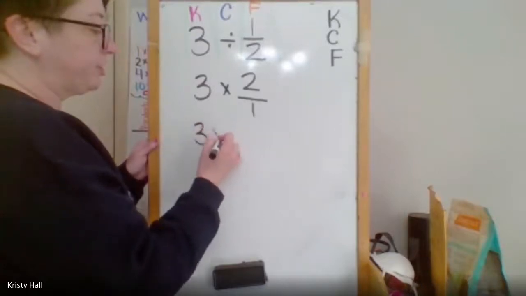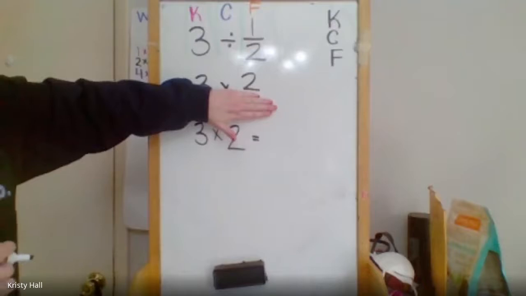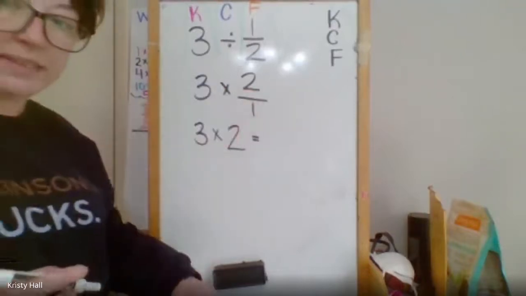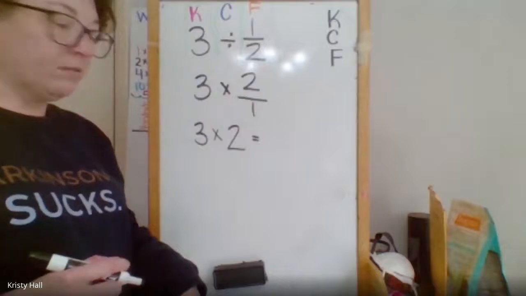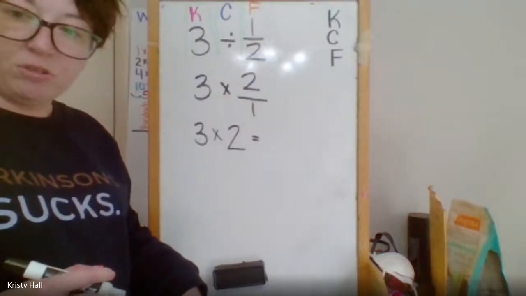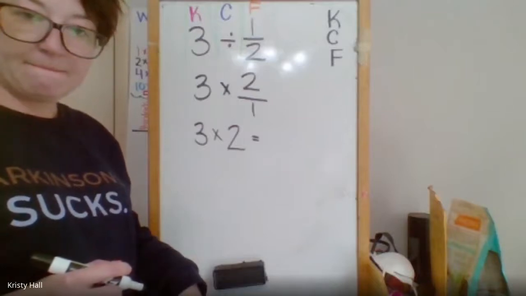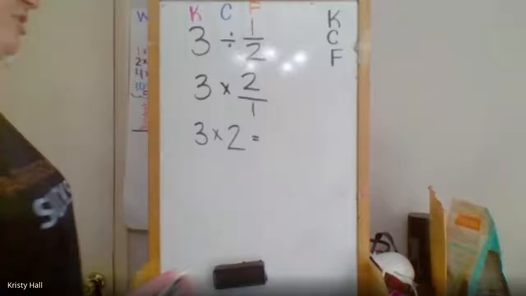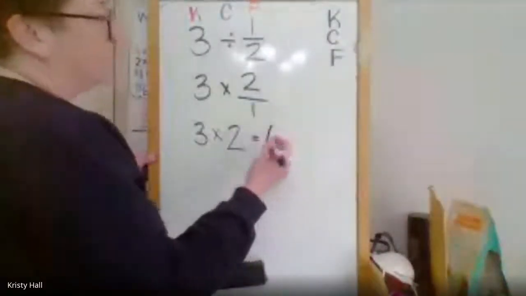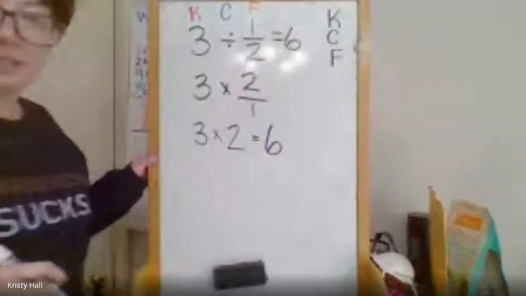So this is actually just multiplying 3 times 2. I can basically just get rid of the denominator when the denominator is 1. So 3 times 2. Six. Great. 3 times 2 is 6. So 3 divided by 1/2 equals 6.